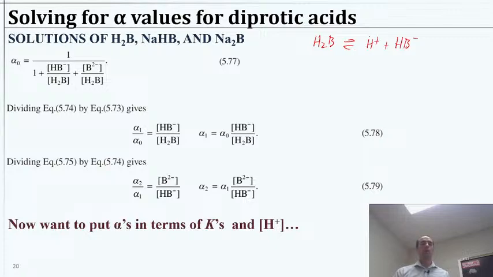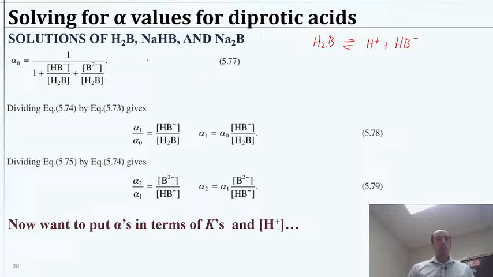It's relevant to this equation, and the K1, the first dissociation, is going to happen. We're going to have an equivalence point between H2B and HB minus at the first pK value. Okay, we'll come back to that later.